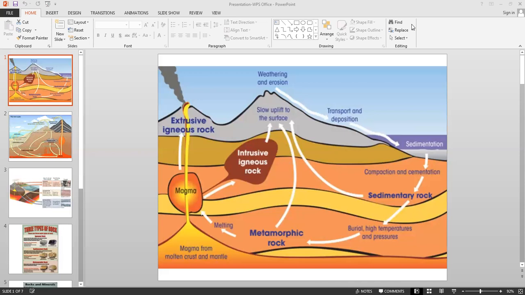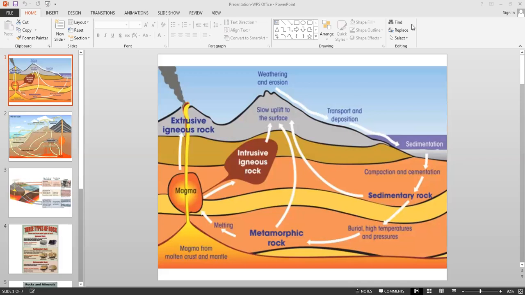Metamorphic rocks are formed from other rocks that are changed because of heat and pressure. These rocks are not made from molten rocks, but they are made from igneous rocks. The Earth's movements can cause rocks to be deeply buried or squeezed.